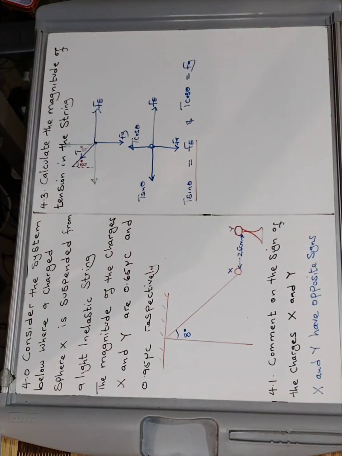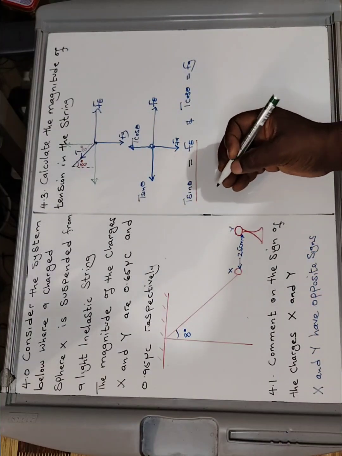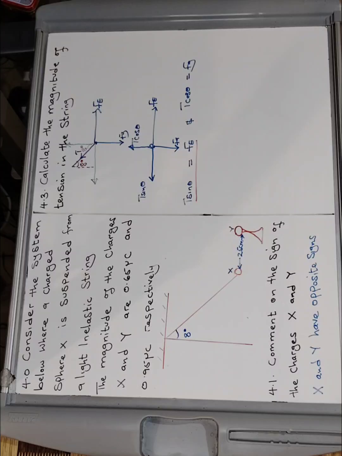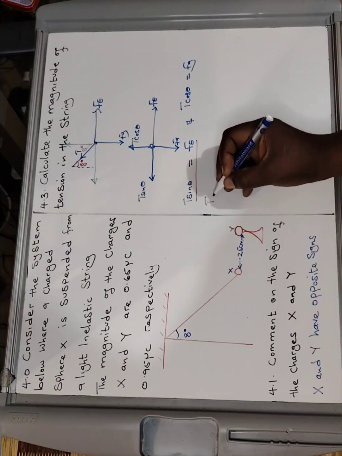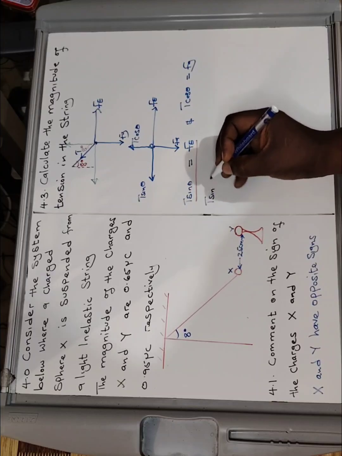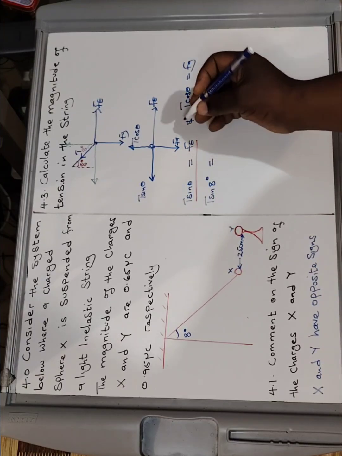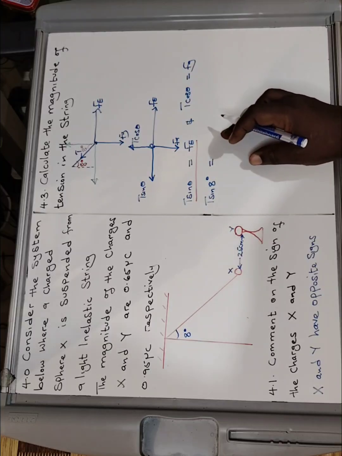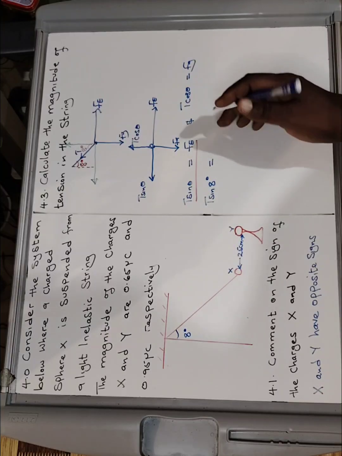Okay. And what does this say? It says that T sine 8 degrees is equal to Fe, the electrostatic force. And what is it?